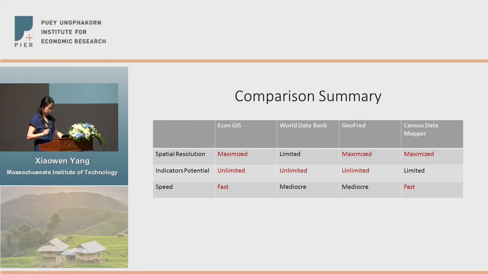We compared with GeoFRED, which only maps an indicator at US county level, about 3,000 units. The speed is about 10 seconds, and 30 seconds for GeoFRED. And for us, for Thailand, with around 7,000 units, we can do everything in 10 seconds.